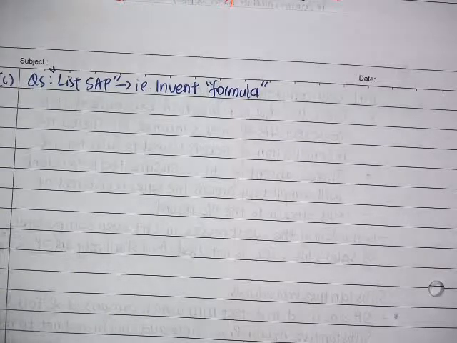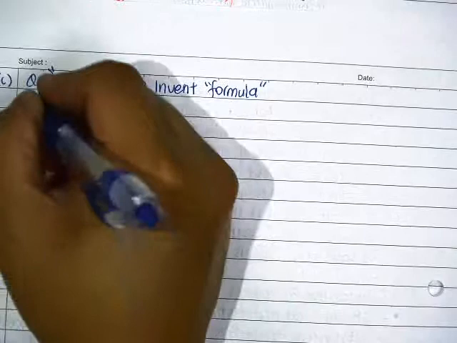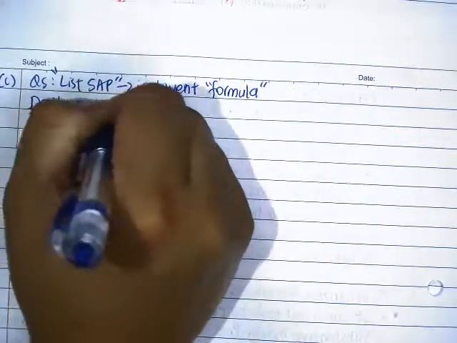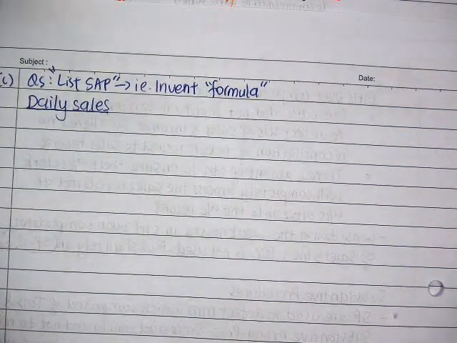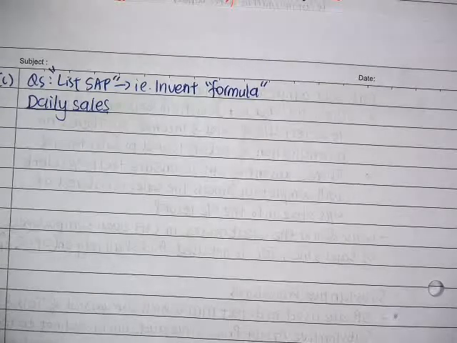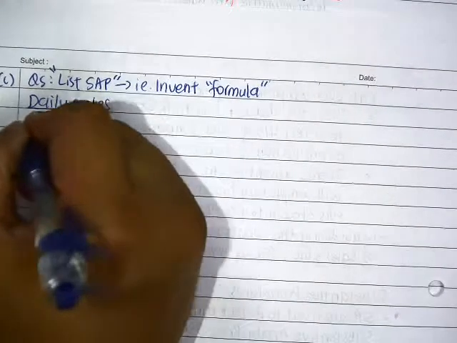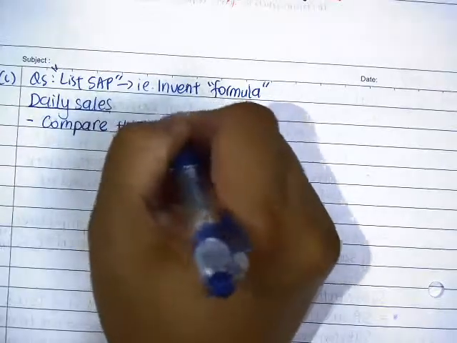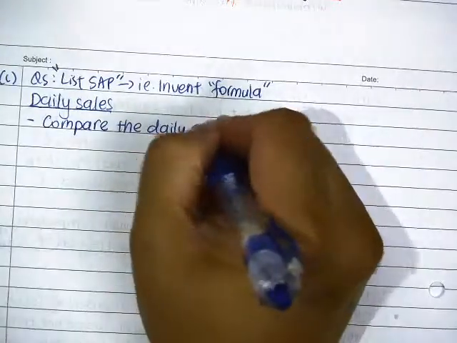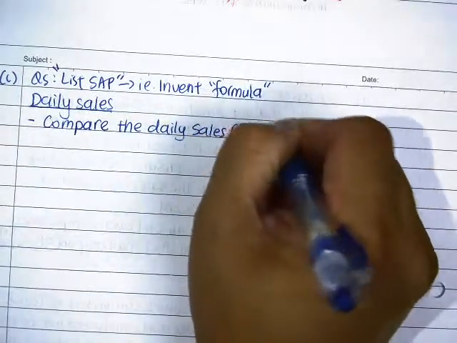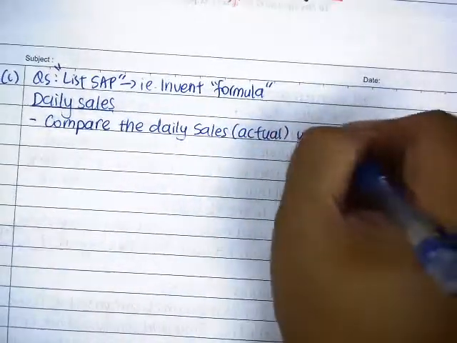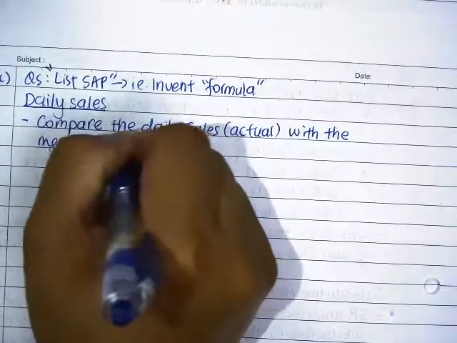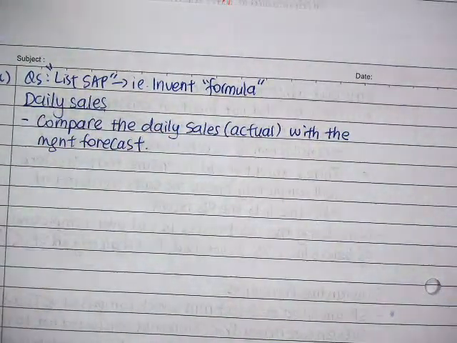Okay, it's very simple. Daily sales. Okay, now I can compare the daily sales actual with management's forecast.